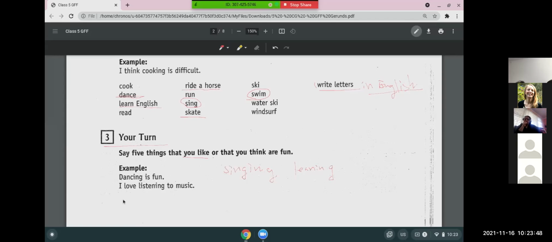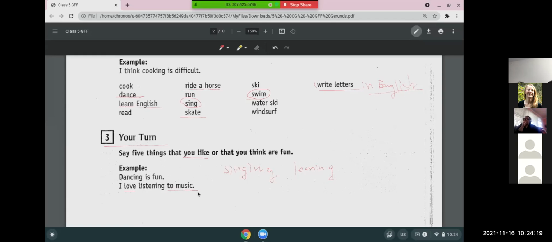For me, I love knitting during the winter. It's fun. Did you need to use to? Maybe not. You need to use your gerund. Okay, just say I love and the gerund after that.